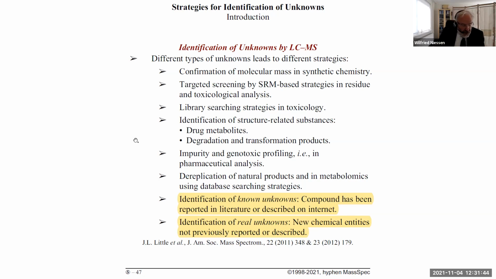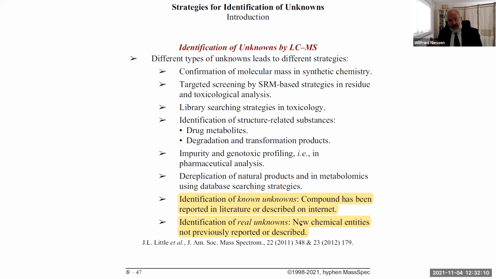So now I would like to come to the last part of this page, where I will be discussing identification of unknowns. Basically, I discriminate between two types of unknowns: known unknowns and real unknowns.